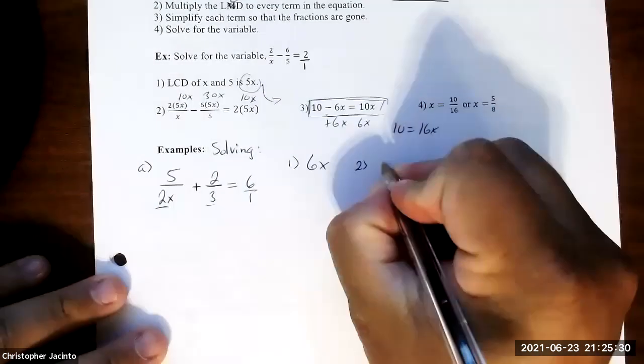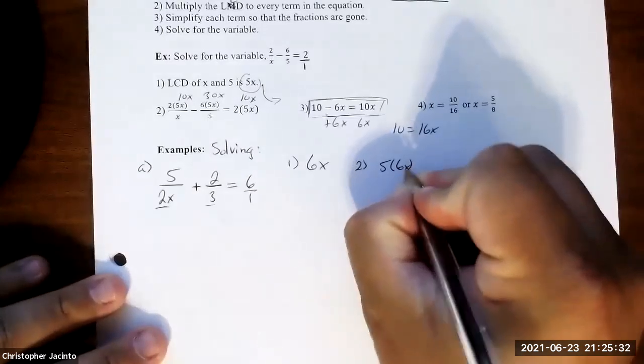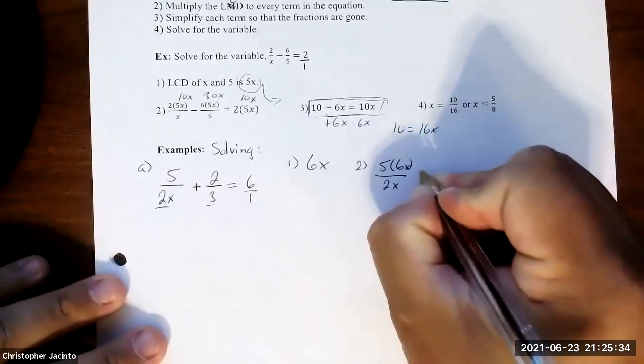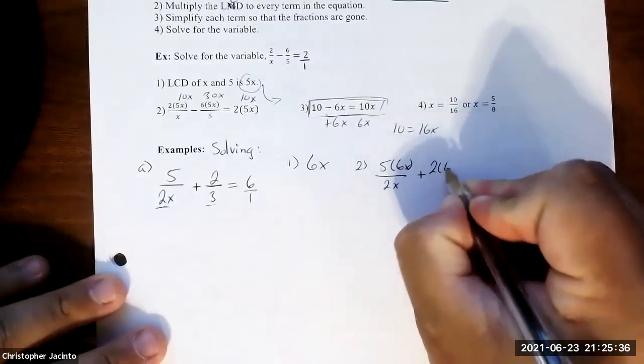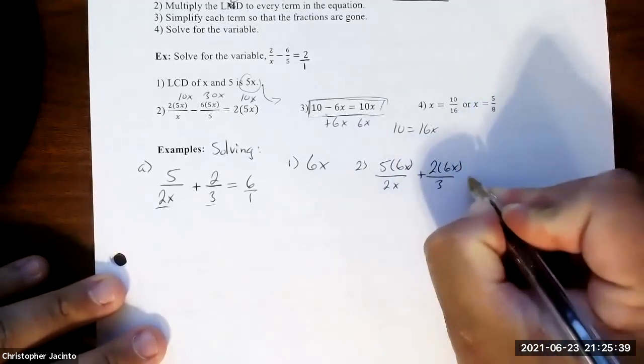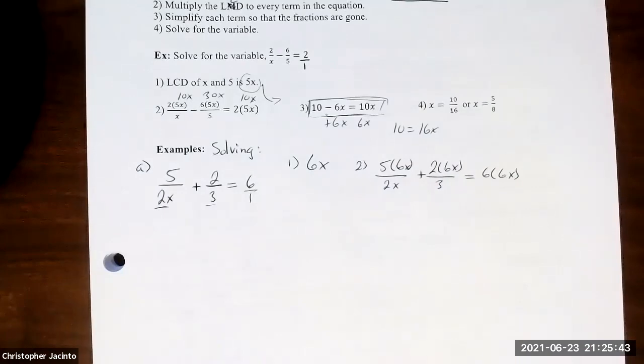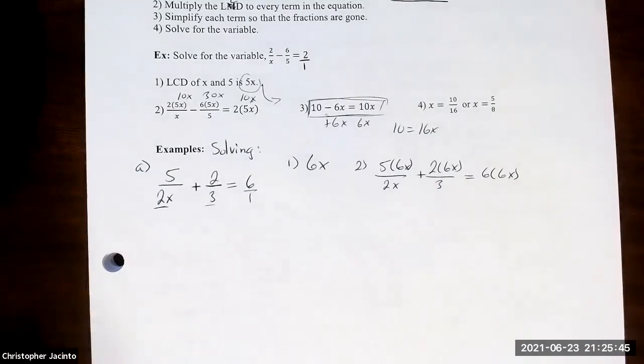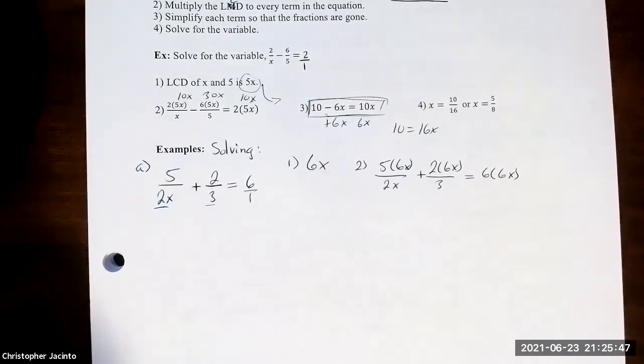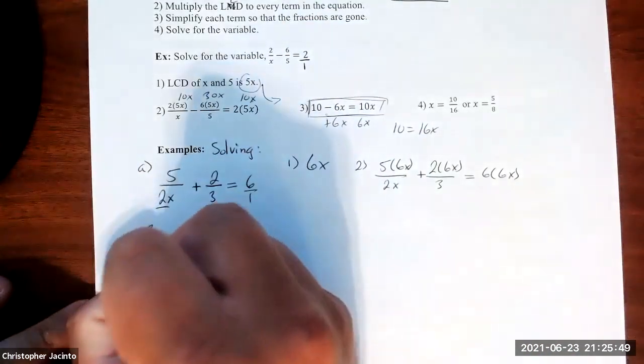So it's going to be 5 times 6x over 2x plus 2 times 6x over 3, and then 6 times 6x. And then we just multiply and then simplify, right? That was pretty much step 3 there.